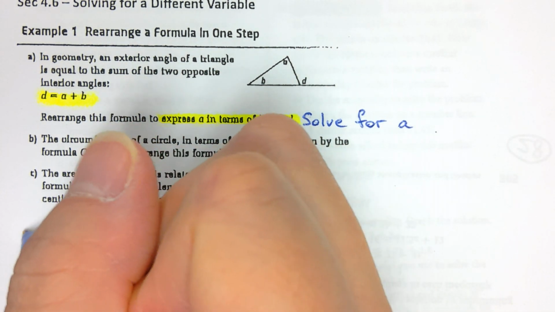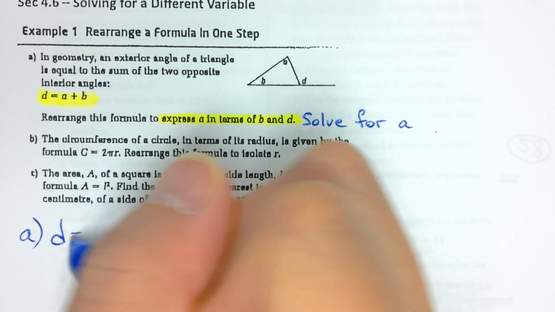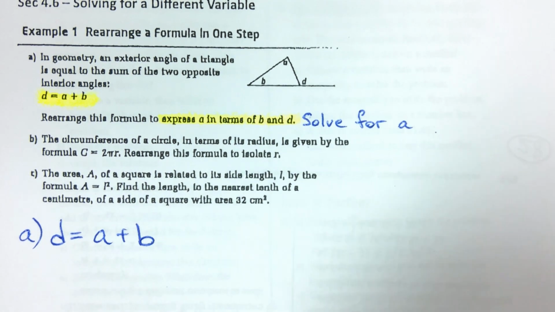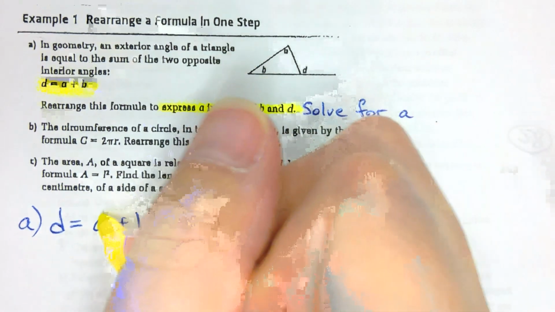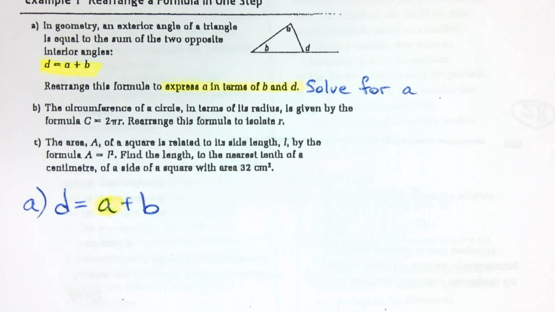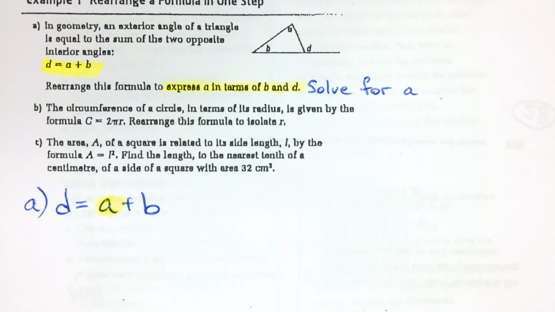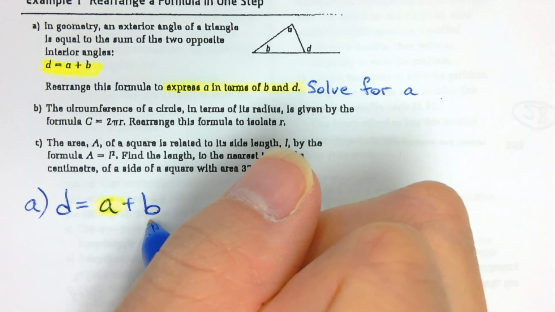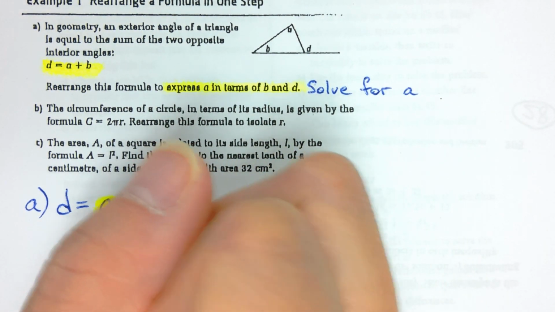So for A right here, instead of D equals A plus B, can I rearrange it so that it's A equals, or A by itself? You can subtract B on both sides. Right. So if I want A by itself, that means I'm going to move the B over.